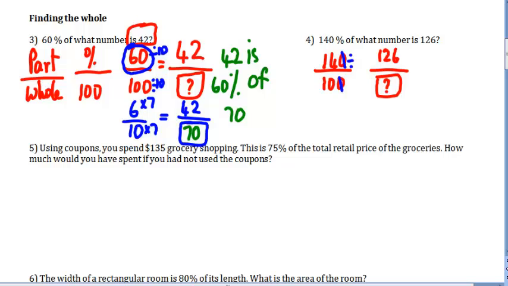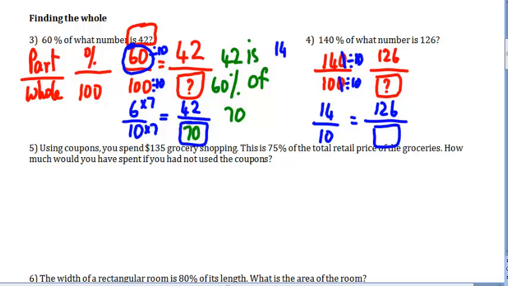Again, all you have to do is guess and check. That's all you're doing. So I'm going to divide this by 10, and I end up with 14/10, which is equal to 126 over the missing number. I think it's 9. 14 times 9.